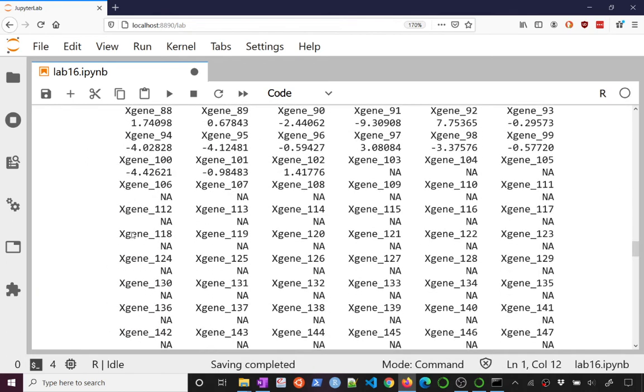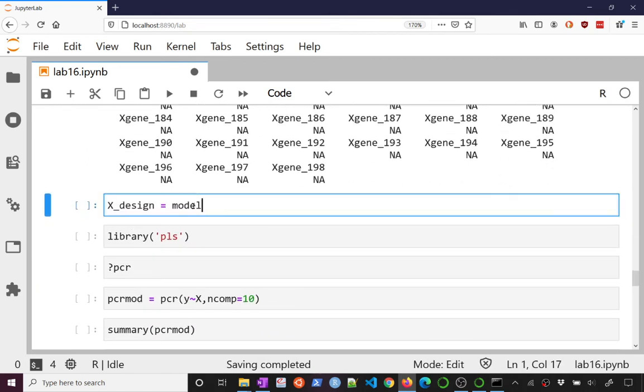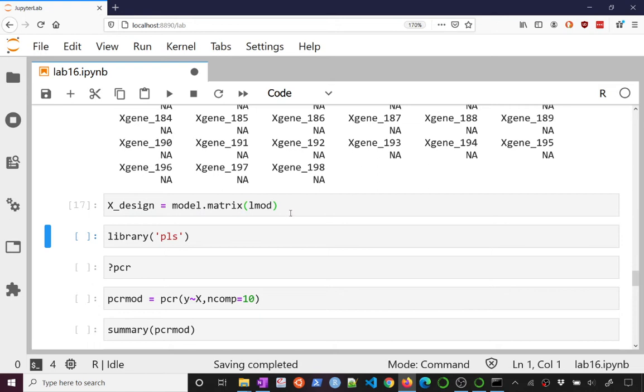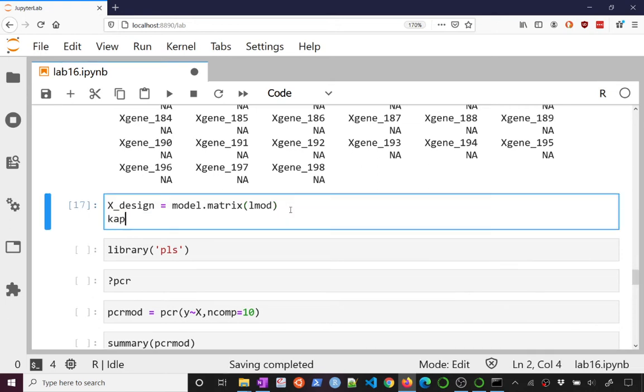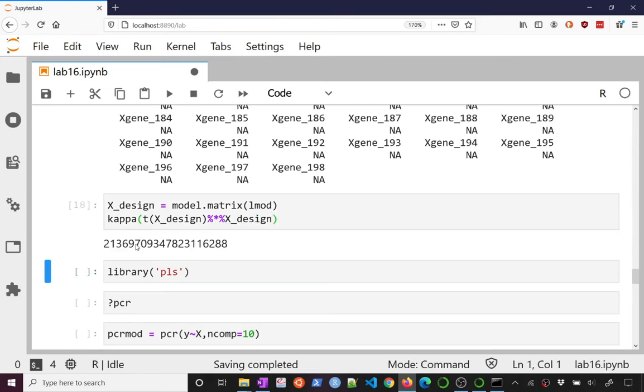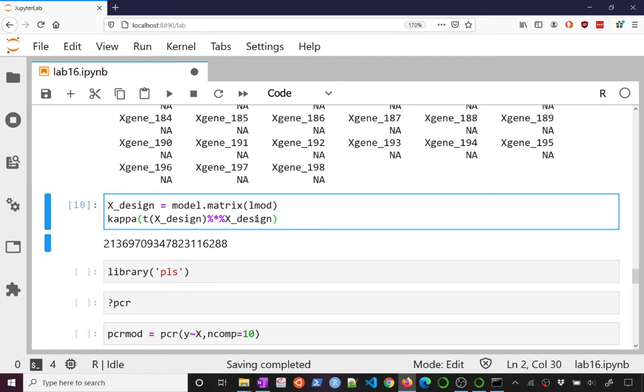Okay, and so we can grab the design matrix, or the model matrix, from our linear model, and we could say kappa of transpose design times design, and we get this huge number, right? Because this thing is basically not invertible.